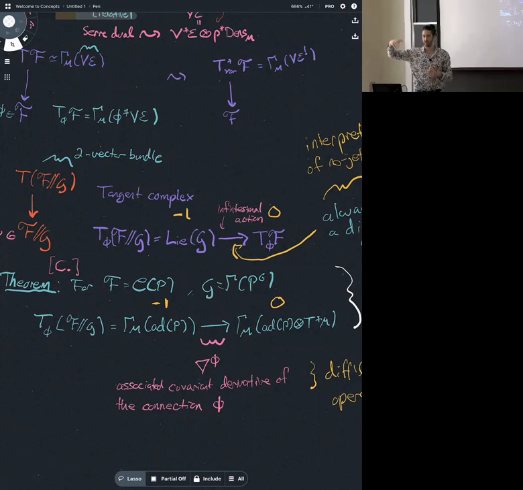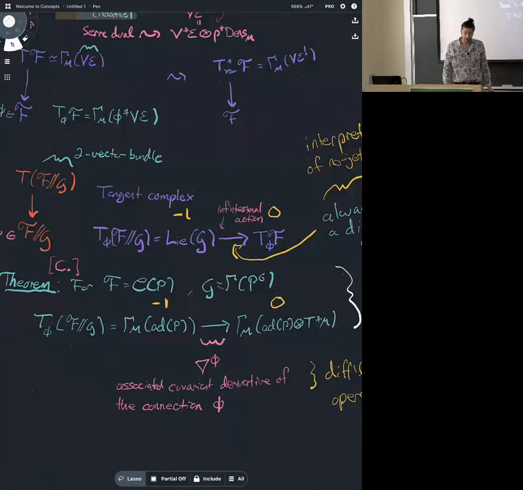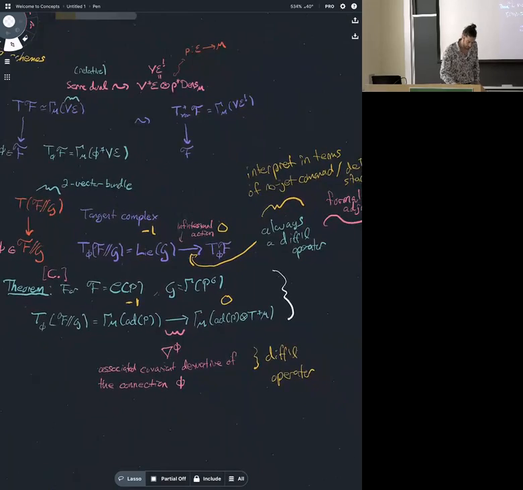The adjoint bundle is an associated bundle to the principal bundle. So if I have a connection, I have an associated covariant derivative on all associated bundles I get from the principal bundle, and that's what this turns out to be when you calculate it, okay? Yes. So when you say deformation of the group, only the algebra plays a role. Well, the tangent space only sees the Lie algebra. That's not surprising, right? It's the infinitesimal action. Yeah.